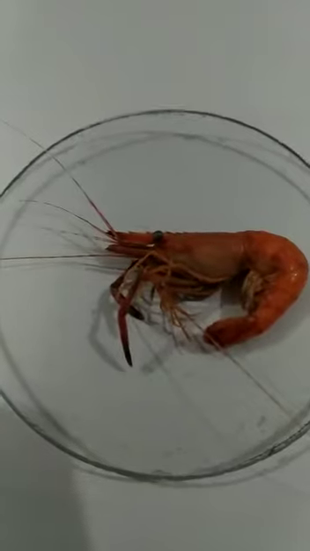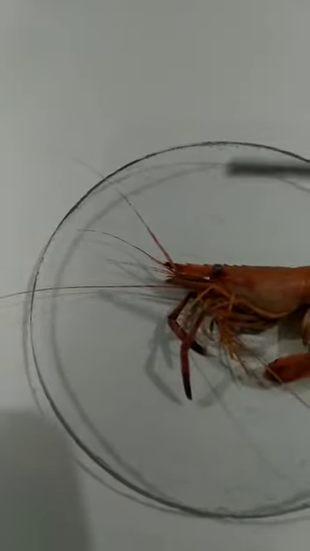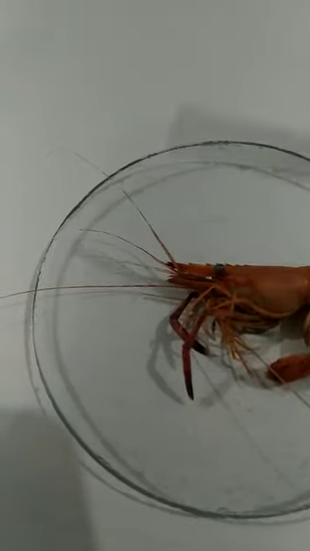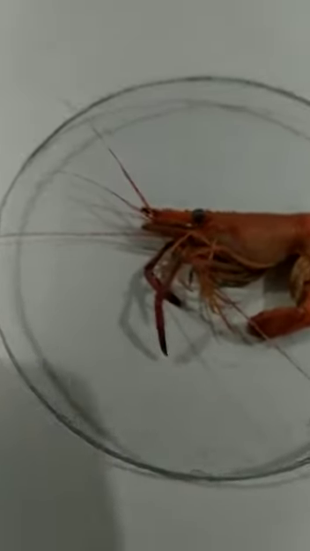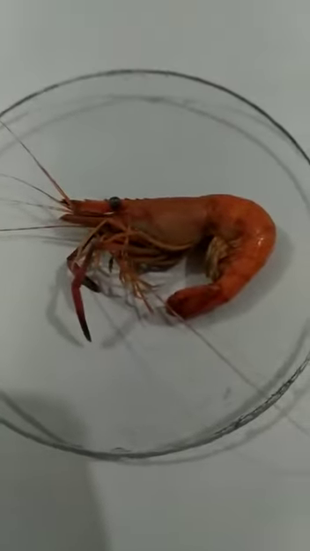Arthro means joints and poda means feet, legs or appendages. Even the antennae are jointed. Joints are also visible in the antennae and antennules, also called the first and second pair of antennae.